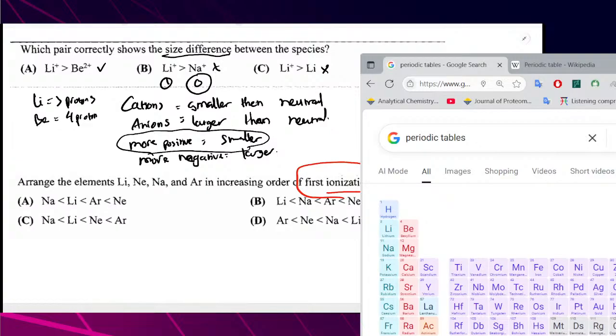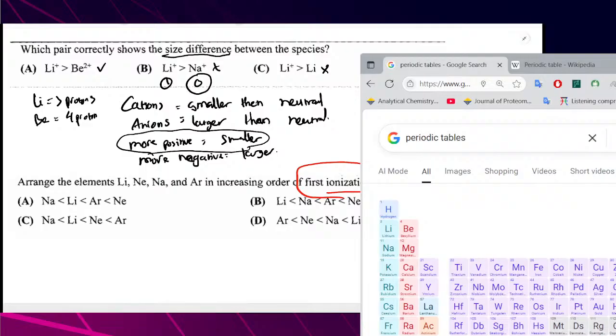We have the concept about anion and cation radius or size. Now this question asks about ionization energy. We are asked about which element gives up.